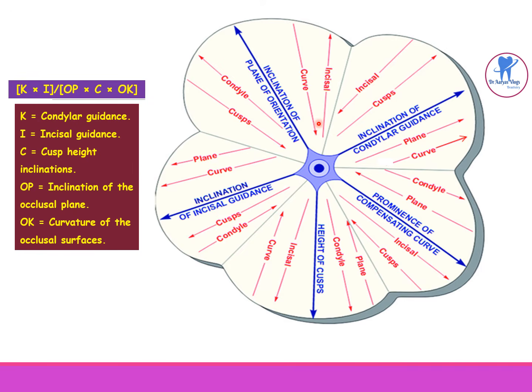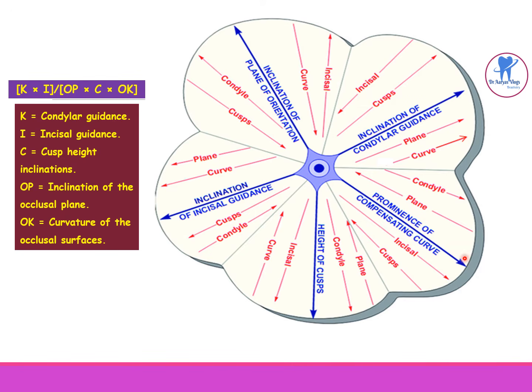If the condylar guidance inclination increases, then the incisal guidance decreases and the other factors increase, that is cusp height, plane of orientation, and curves. So compensating curve increases. So if the condylar guidance increases, the incisal guidance decreases, and the cusp height, plane of orientation and the compensating curve increase.